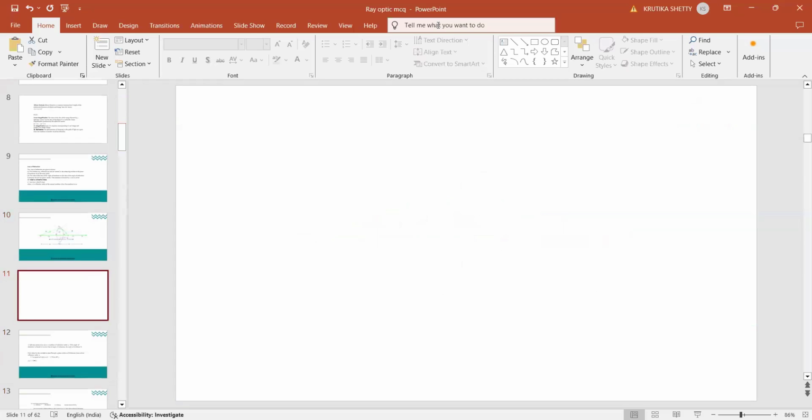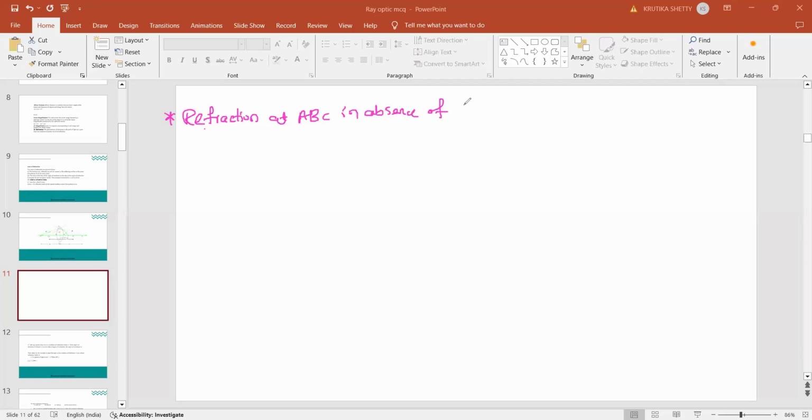Okay, so first, case 1, you can consider refraction at the face ABC in absence of ADC.